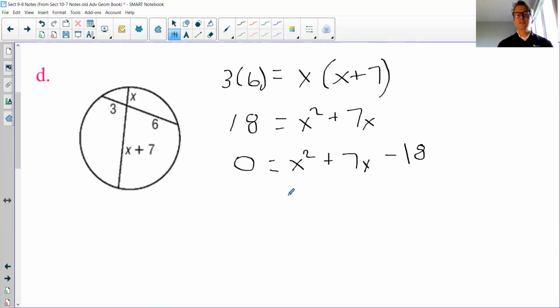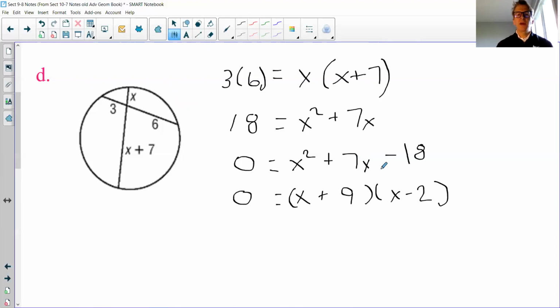Now solve for x by factoring. You have a negative 18, so we're using the T method here. What two numbers get you negative 18 that when you add them together, you get 7? I'm sure you realize right away that that will be positive 9 times a negative 2, which would get you positive 7.